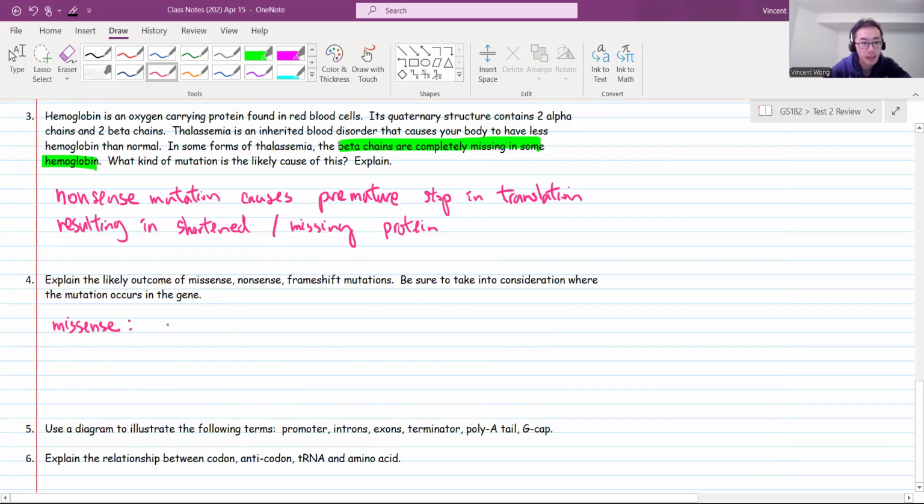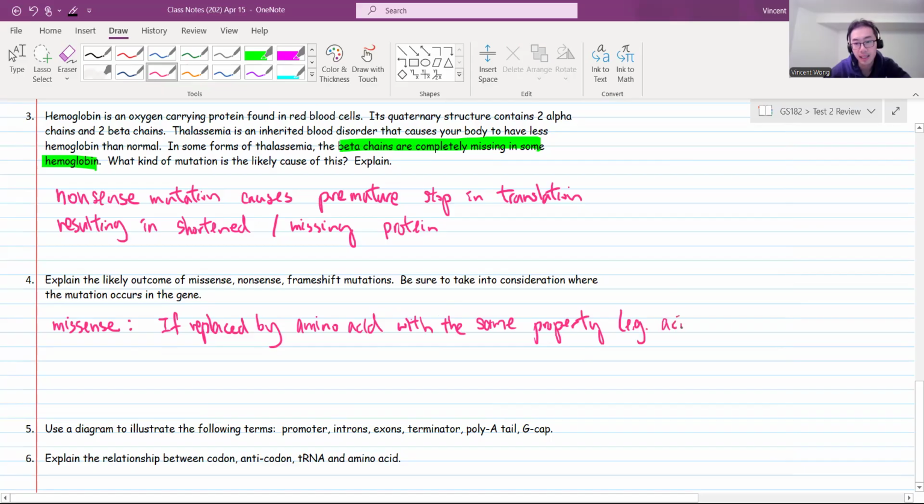If replaced by an amino acid of the same property, e.g., acidic to acidic, as opposed to acidic to basic, or like polar to non-polar, right?